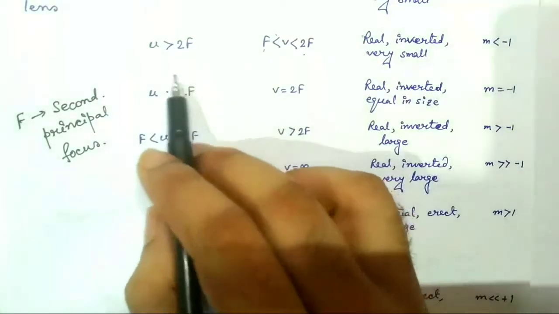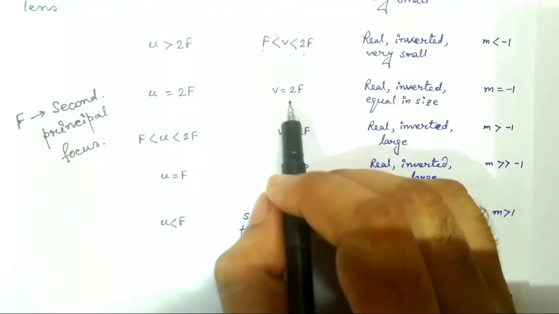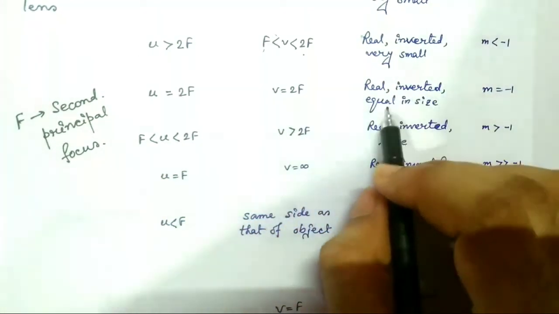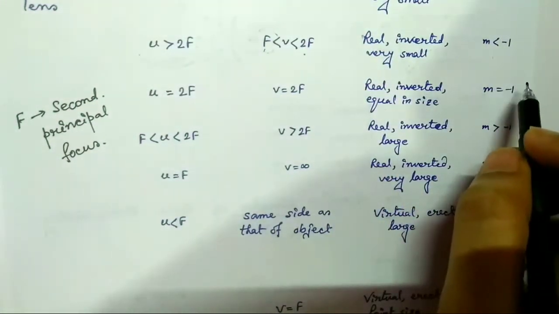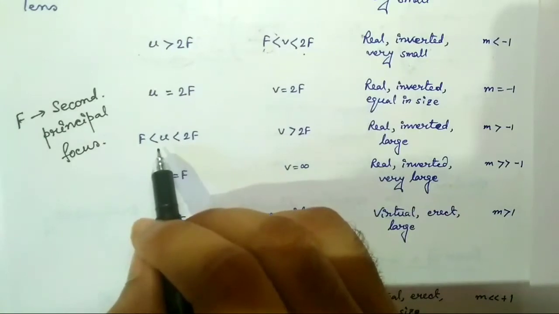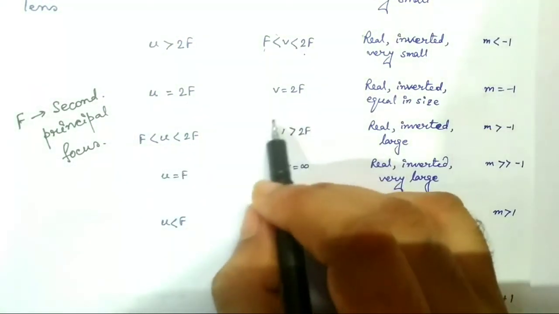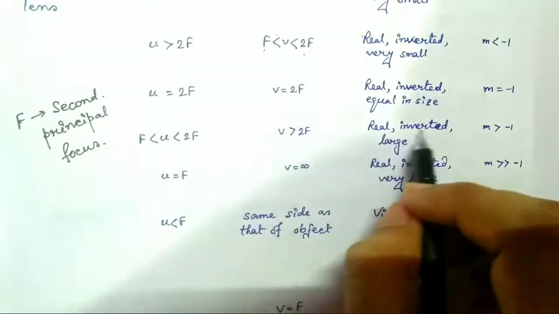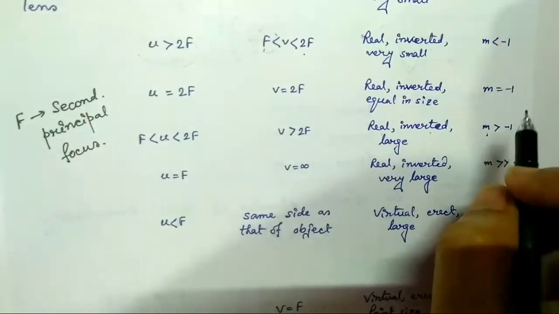If the object is placed at twice F, then the image will be formed at the same place, that is V equal to twice F, and it will be real, inverted and equal in size, so the magnification will be -1. Now if the object is placed in between F and twice F, then the image will be formed greater than twice F, and its nature will be real, inverted and large. M will be greater than -1.